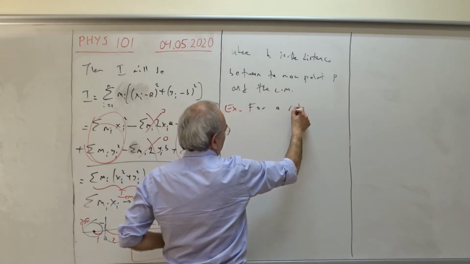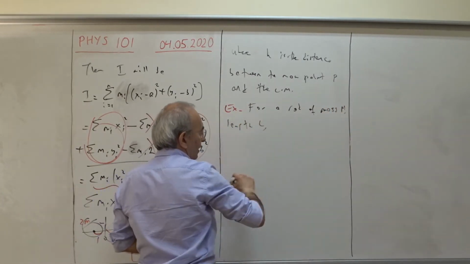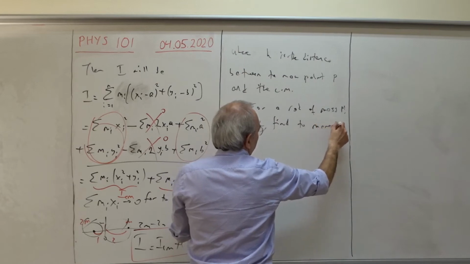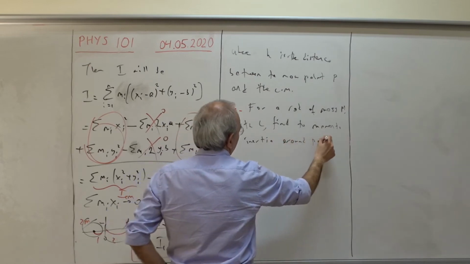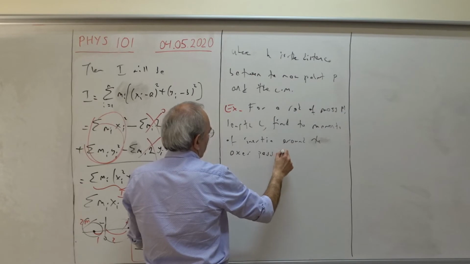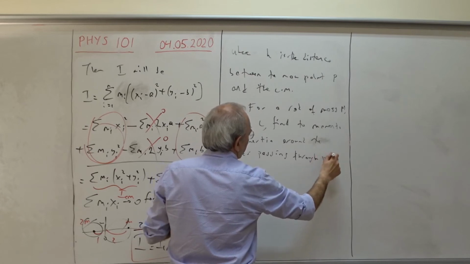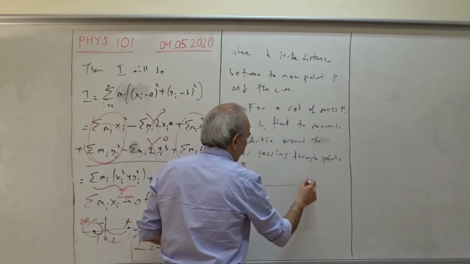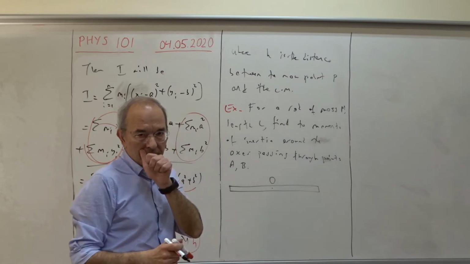For a rod of mass m, length L, find the moments of inertia around the axis passing through points A and B. Let me draw the full rod, and this is the center of mass of the rod.